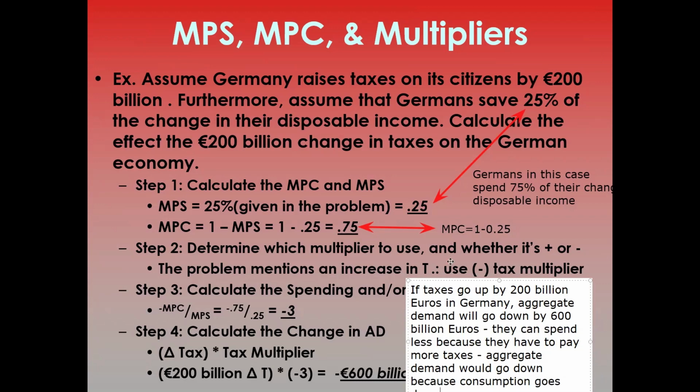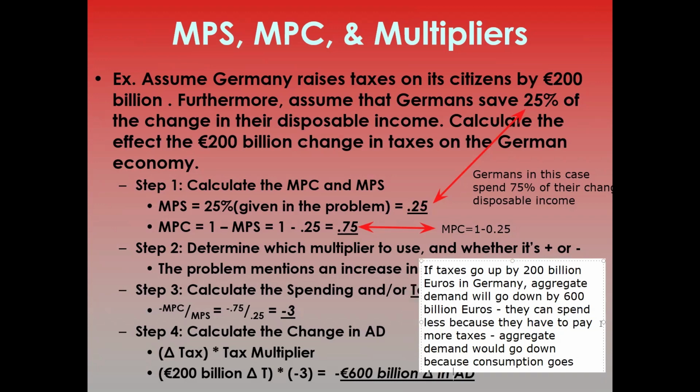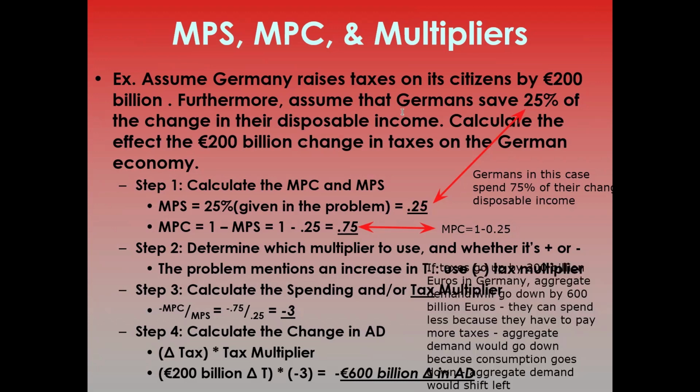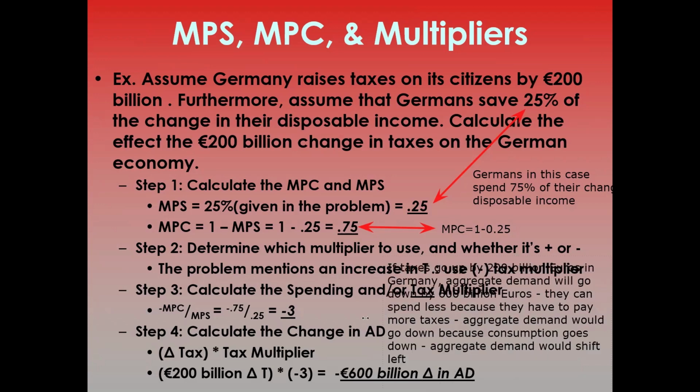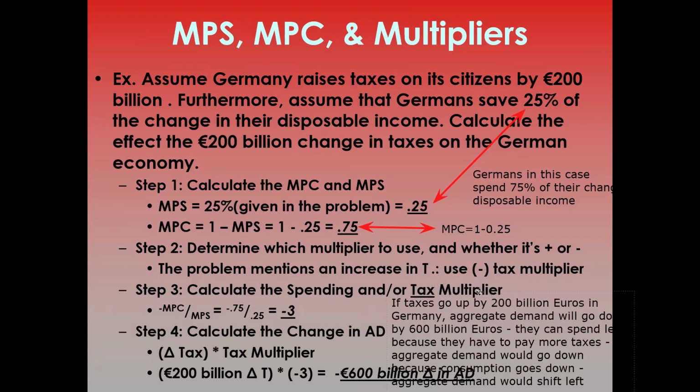So that makes sense. Like we showed that on the aggregate demand graph when it shifts left. So aggregate demand would shift left. So yeah, if you did this as a graph, aggregate demand would shift left. If taxes go up, the aggregate demand will shift left.